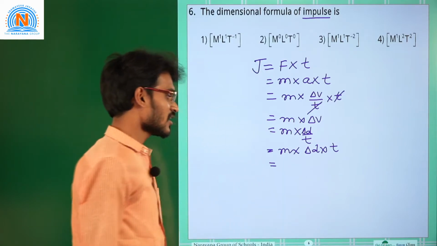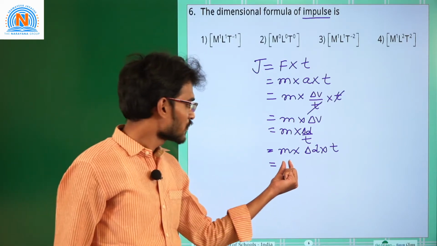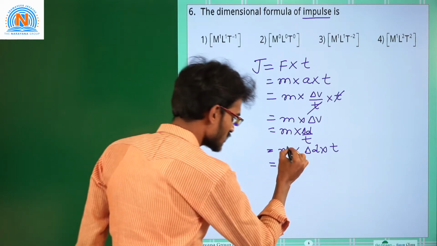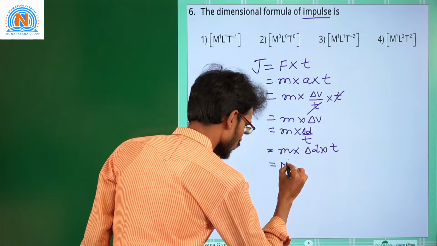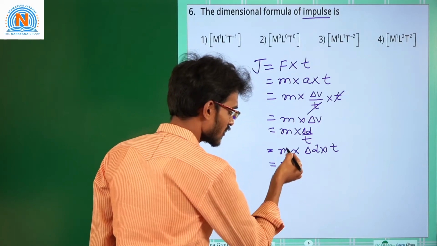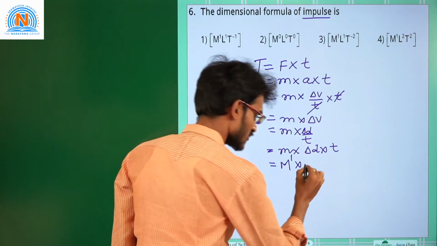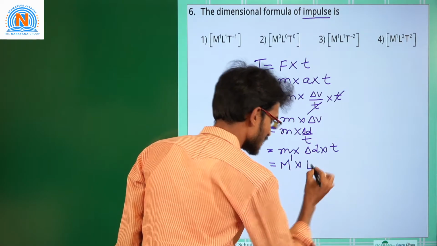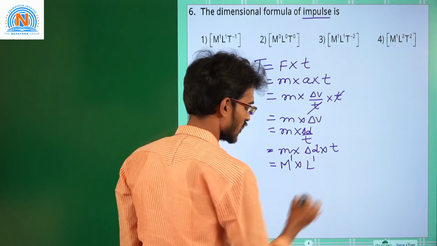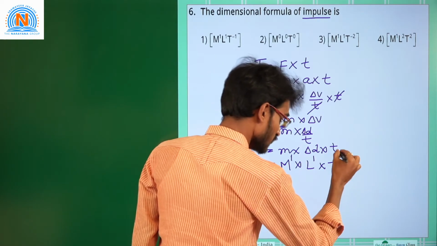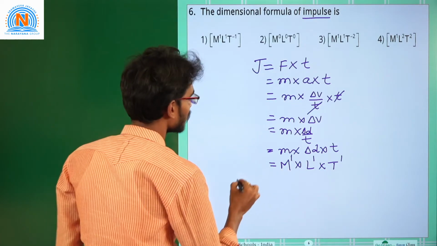Now write the dimensions for mass, displacement and time. Mass, its dimensional symbol is M, its dimension is 1; displacement, dimensional symbol is L, its dimension is 1; and time, its symbol is capital T, its dimension is 1.